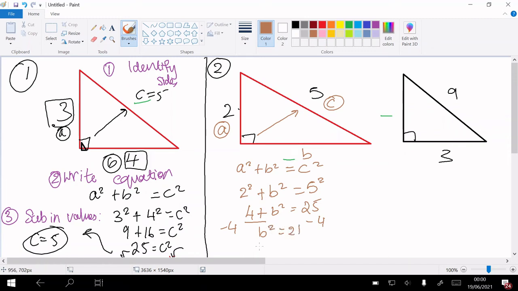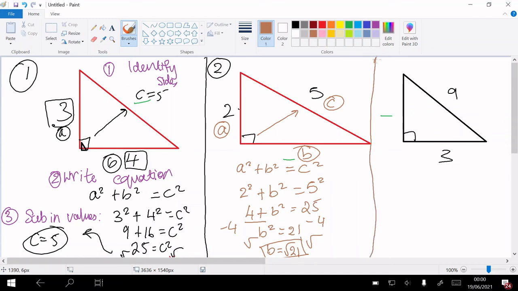Once again, we don't want B squared, we want B. Therefore, we square root both sides, which gives you B is equal to square root of 21. But we could find an exact number, I'm just going to leave it in surd form. But that's pretty much it for this method.